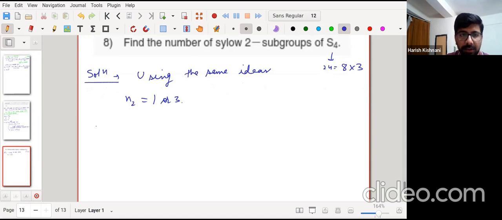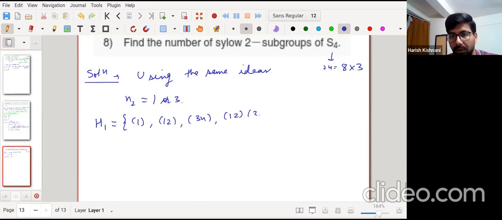So it has to be 1 or 3, and I can tell you the three Sylow 2-subgroups. So n2 will be 3 only. I'm just writing the three Sylow subgroups. The first element is identity, second is (1 2 3 4), and then you have (1 2 3 4), (1 4 2 3), and (1 3 2 4).